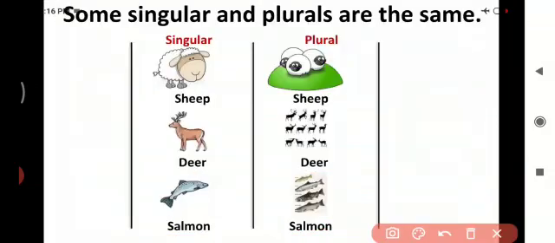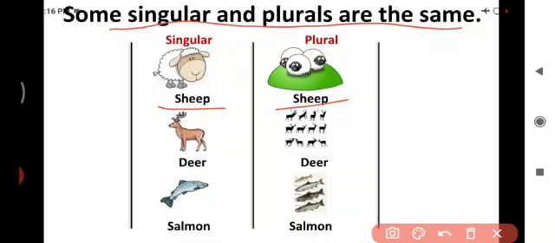So the next one is some singular and plurals are the same. It means both singular and plural are same. See the example, sheep. Sheep, even if it is more than one, we say sheep in these cases.